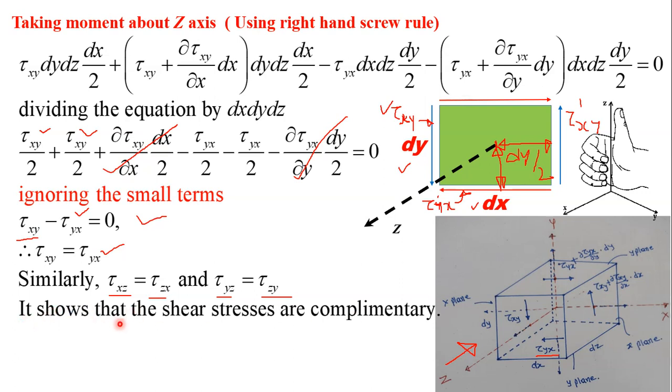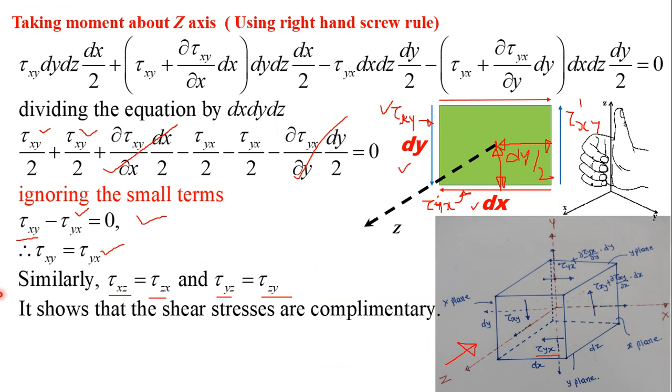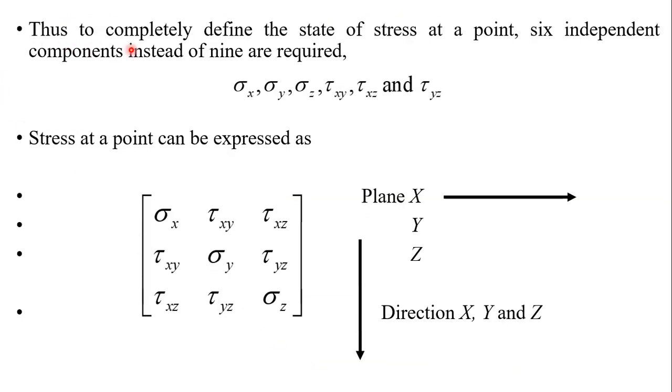So, it shows that the shear stresses are complementary. See, our question was prove that the shear stresses are complementary. So you can prove like this, the shear stresses are complementary. Okay, and thus to completely define the state of stress at a point, 6 independent components instead of 9 are required.